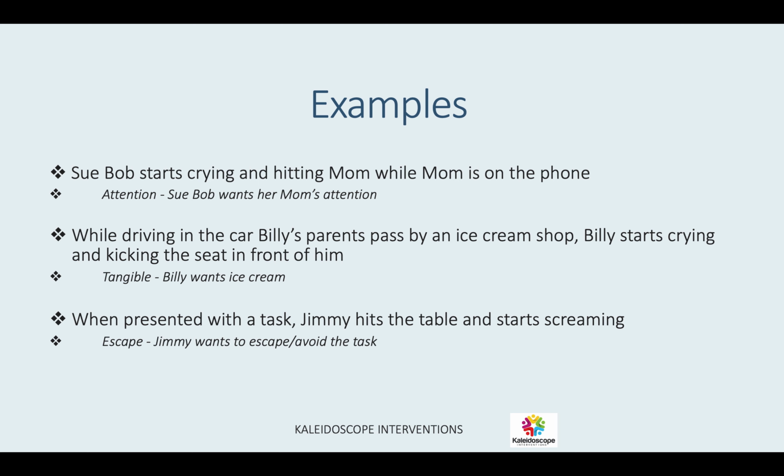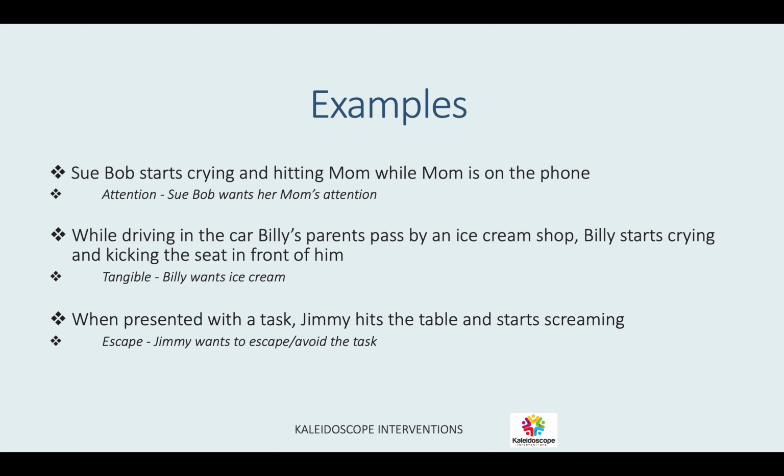Well, if you said tangible or to get something, you are correct. Billy wants ice cream. Therefore, he cries and kicks the seat when passing the ice cream shop. Billy is likely doing this because in the past, when he cried and kicked his seat, Billy's parents turned around and went to the ice cream shop.